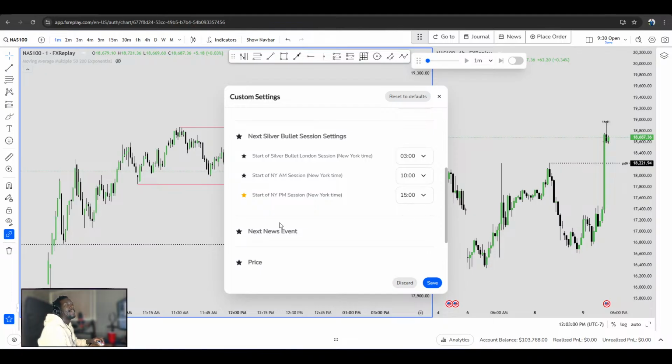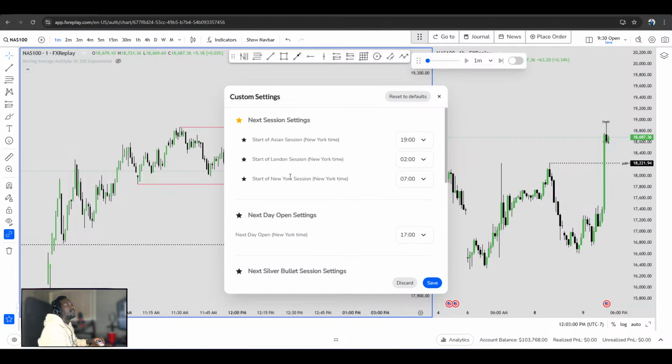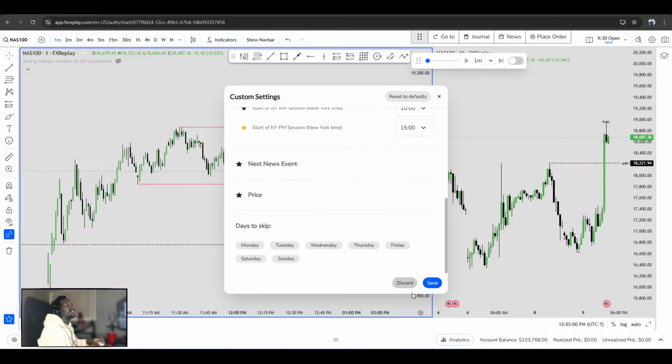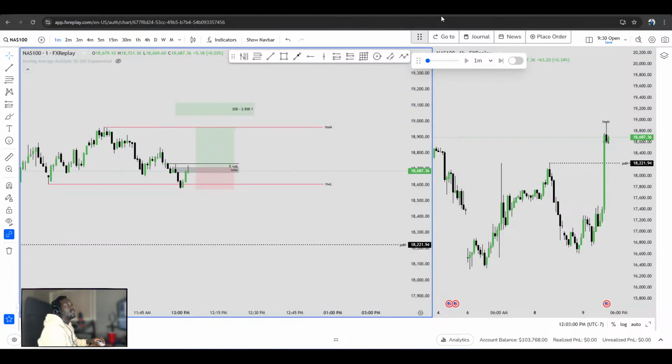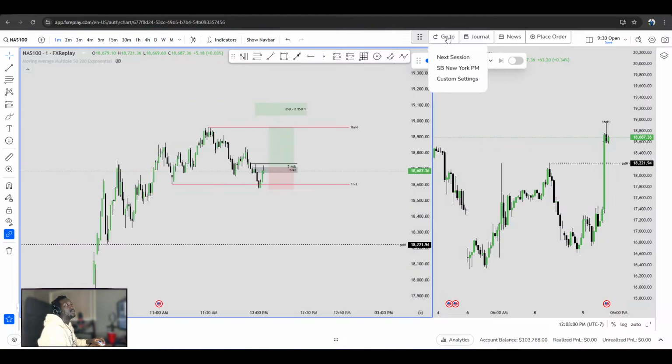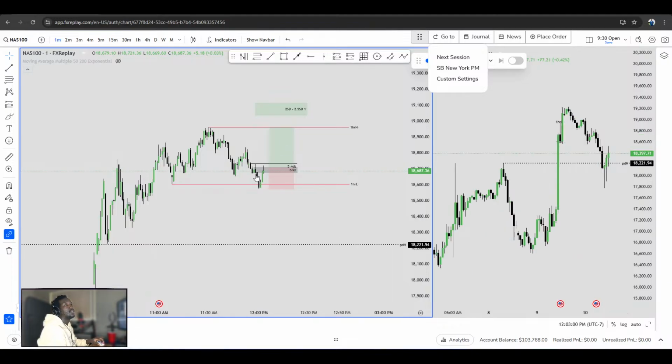Right there. So it's not really the start of the New York PM session, but I don't know what else to name it. So that just represents that for me. What I do is I say go to, so it can take me to the next day, and let's go. Boom. Why did we not change here?